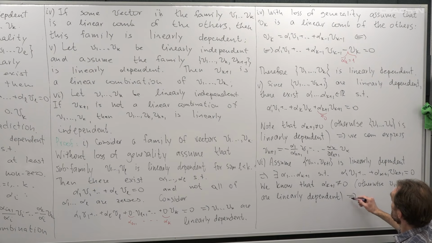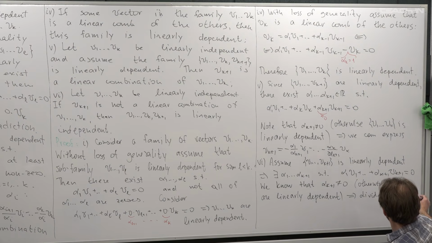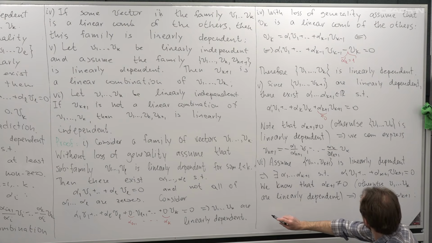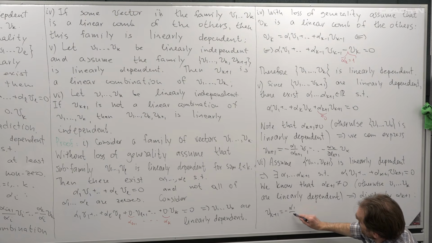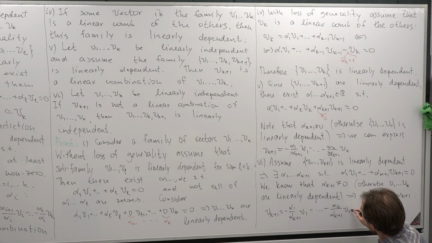Okay, so we divide by alpha k plus 1, and so we get the relation that vk plus 1 equals minus alpha 1 over alpha k plus 1 times v1 minus etc. minus alpha k divided by alpha k plus 1 times vk.